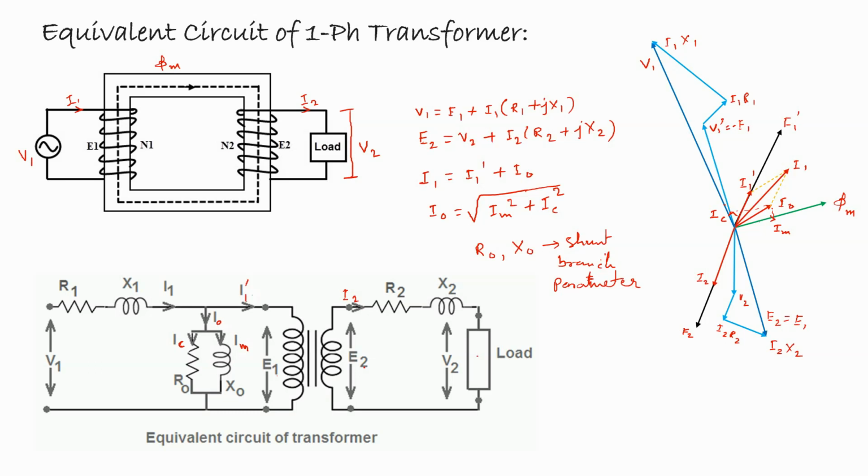Referred to primary means the secondary parameters are changed referred to the primary side parameters. Similarly, if we transfer the primary side parameters to the secondary side, it will be considered as the equivalent circuit referred to secondary. That means here the secondary circuit parameters will remain constant, but the primary side parameters will be transferred to the secondary side and their values will be changed according to the secondary parameters.